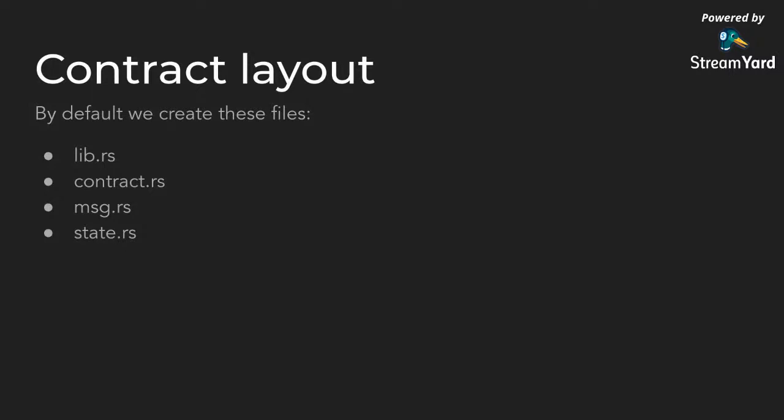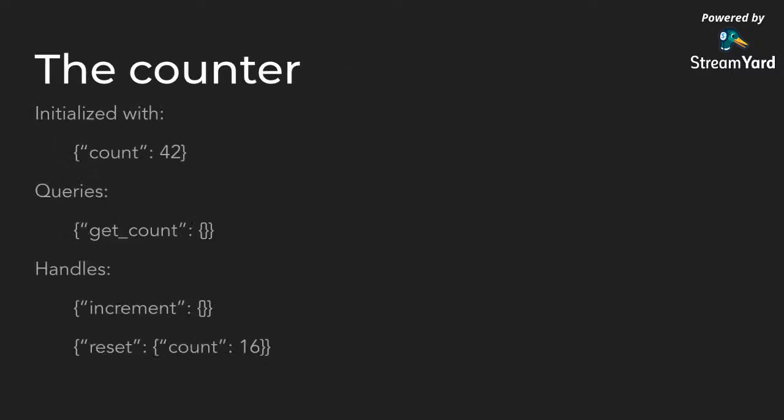In our example today, we're not even going to be writing anything in these files. I'm just going to remove them later, but you will see them in the templates, and it's a good basic convention to have. And just keep in mind that these contracts are normal Rust modules, so you can divide up the code however you like, and this is just a convention that you'll be seeing working with these contracts.